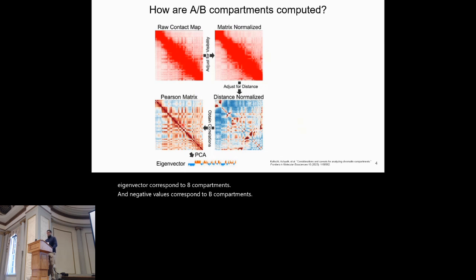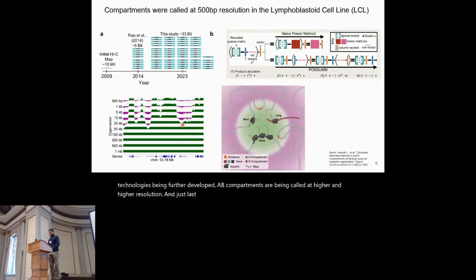So the first AB compartments that were identified historically were done at 1 megabase pair resolution. But now with how sequencing costs are going down and how Hi-C technology is being further developed, AB compartments are being called at higher and higher resolution. And just last year, compartments were called at 500 base pair resolution. So this is sub-kilobase pair resolution in the lymphoblastoid cell line by the Jordan-Rowley group and ENCODE.